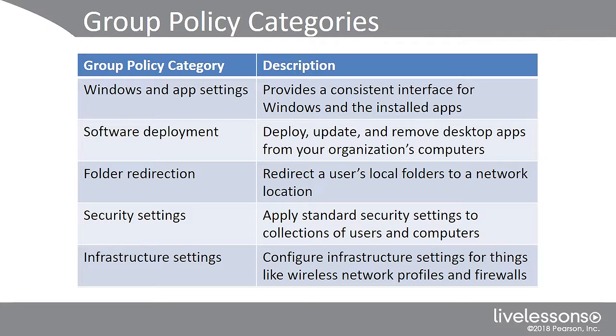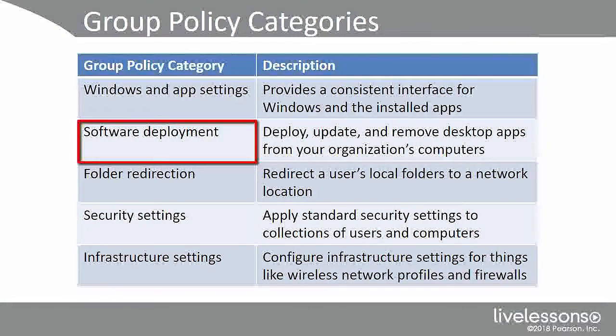GPOs can be broken down into 5 primary categories, and there's tons of subcategories when we get in there, and we're going to be exploring all of these categories. We have the first one, which is Windows and App Settings. This allows your users to have consistency between the apps that they're using, as well as the Windows settings. Software deployment, you can actually use group policies for deploying and updating applications on a user's desktop.